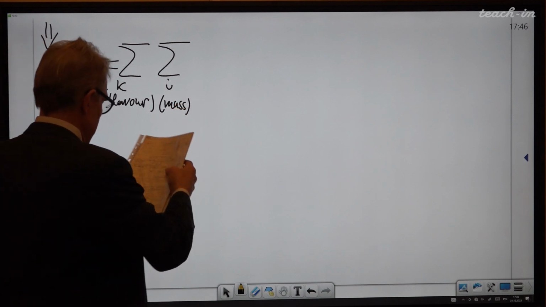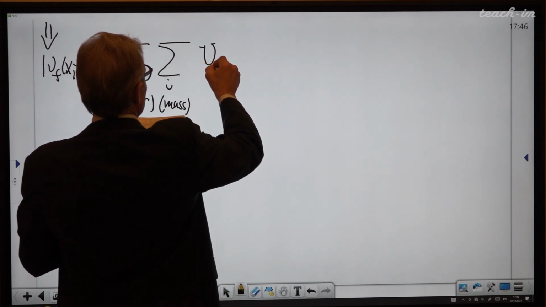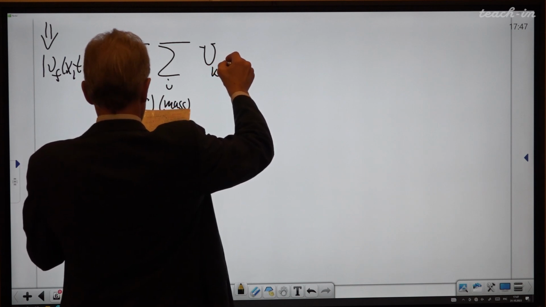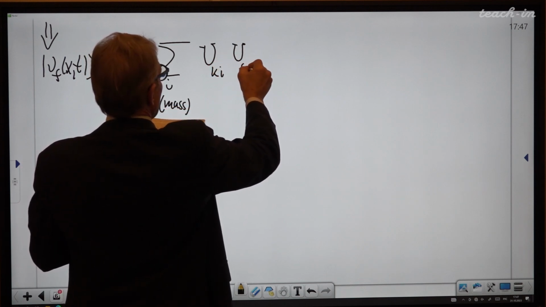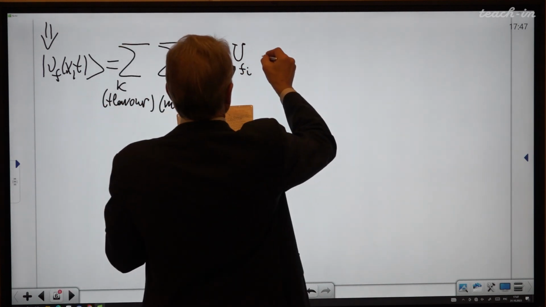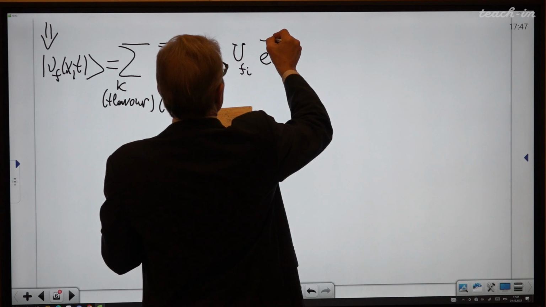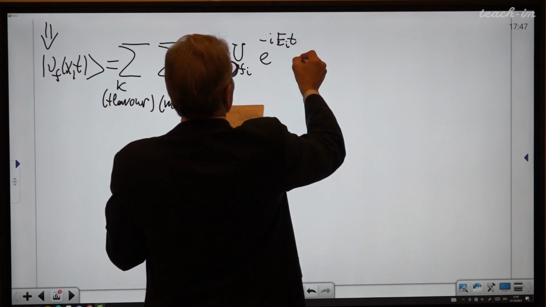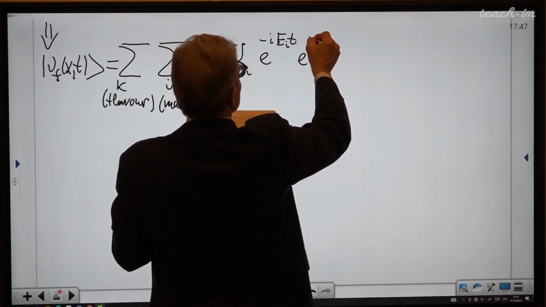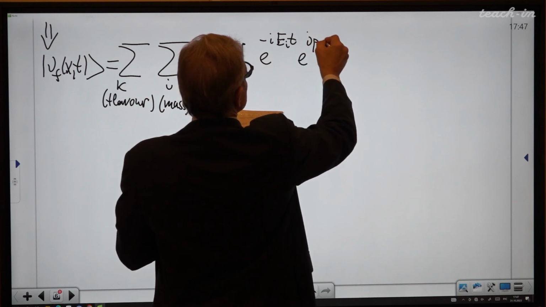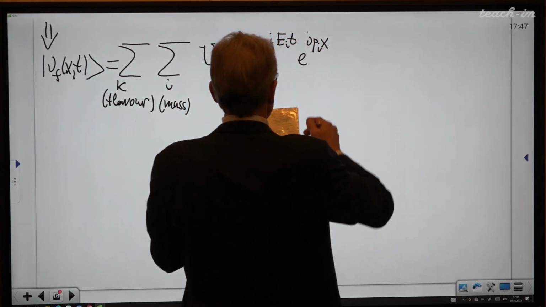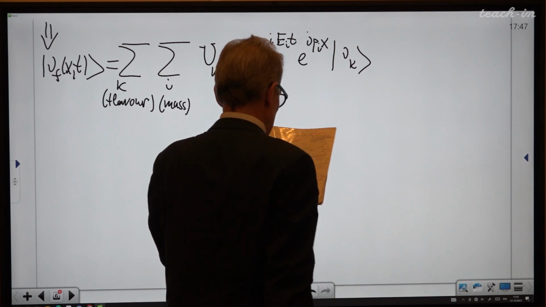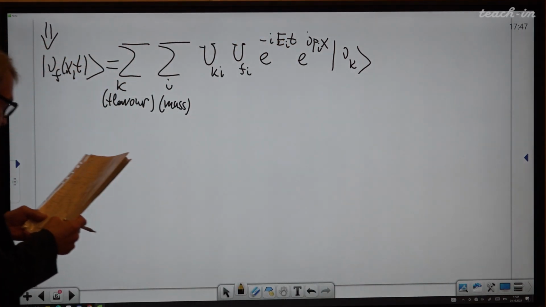In mathematics, we should be very careful writing these indices. U_{ki}, U_{fi}, two exponents, e to the minus i energy times t, multiplied by e to the plus i p x, and here we put the neutrino state k.